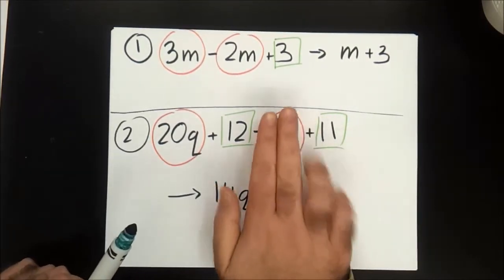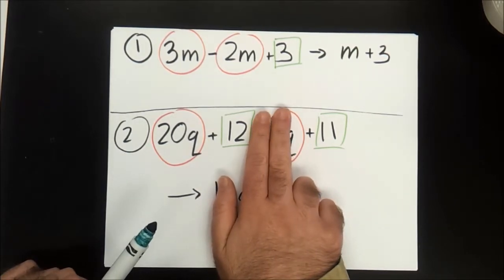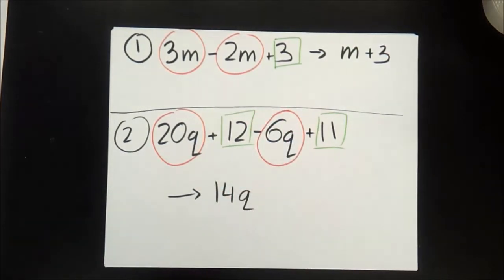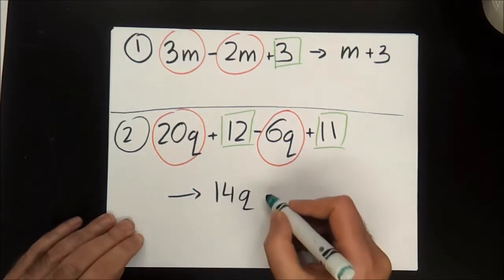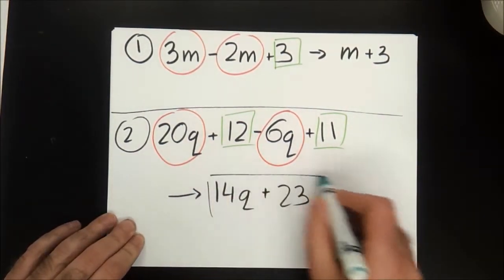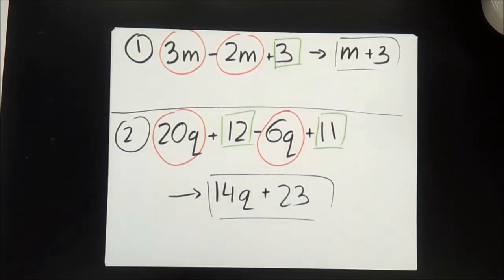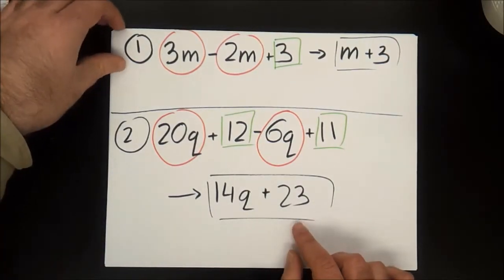You kind of cover this up when you look at the constants. So 12 plus 11, well, that's going to give us a 23. And that's it. That's the answer for number 2, 14q plus 23. As simple as that. All right, moving on to number 3.